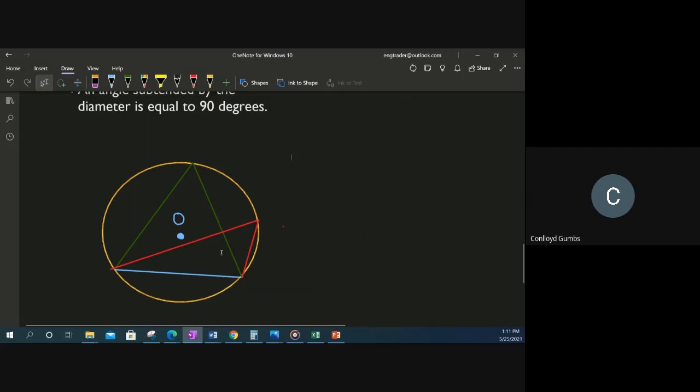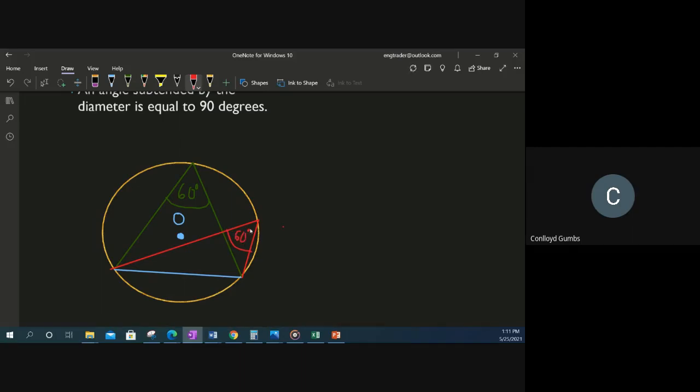Now, if you look at this, we have two different situations here. But what's common between the two? They both sit on this blue chord. Okay, so what I could say now is that if I had an angle and said that this angle here was 60 degrees, that would mean that this angle here is also 60 degrees.